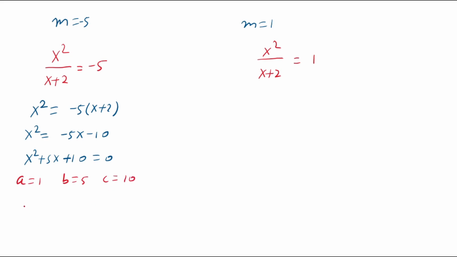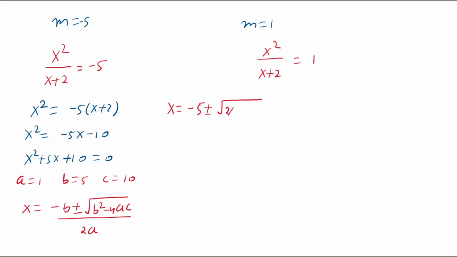and we know that quadratic formula is x is equals to minus b plus minus square root of b square minus 4 times ac and divide by 2 times a. Then x is equals to minus b is replaced by 5 plus minus square root of b is replaced by 5, then 5 square is 25 minus 4 times a is 1 and c is 10 and divide by 2 times a, and we know that value of a is 1.